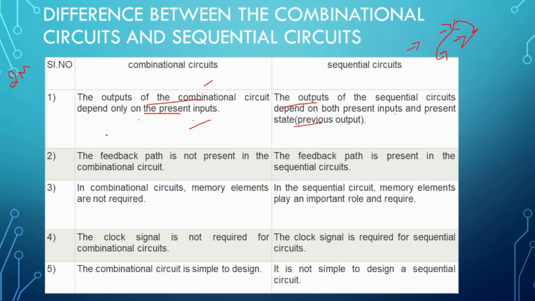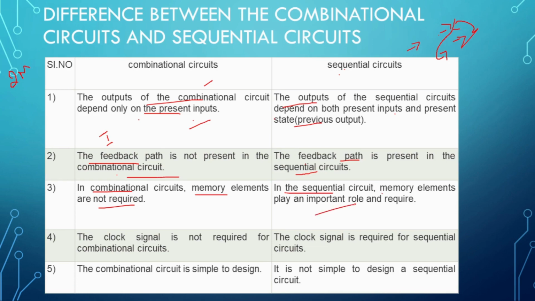In a combinational circuit, it provides an instant output for an instant input, because there is no memory element to store the data, but in a sequential circuit there is a memory element to store the data. The feedback path is not present in the combinational circuit, but it is present in the sequential circuit. In a combinational circuit there is no requirement of memory, but in a sequential circuit the memory element plays an important role.